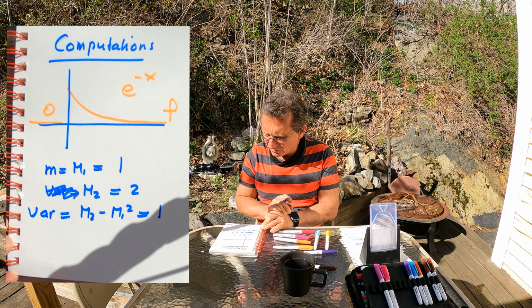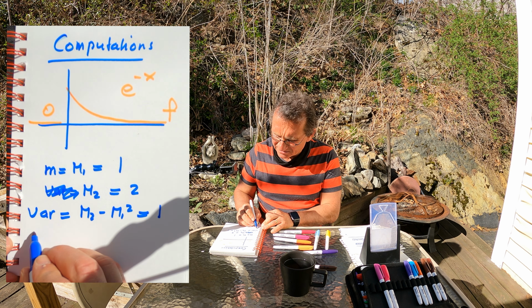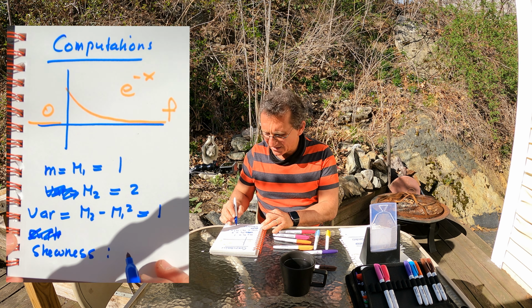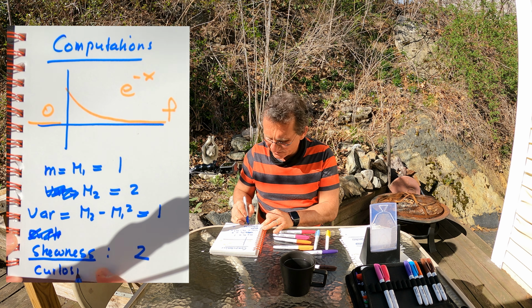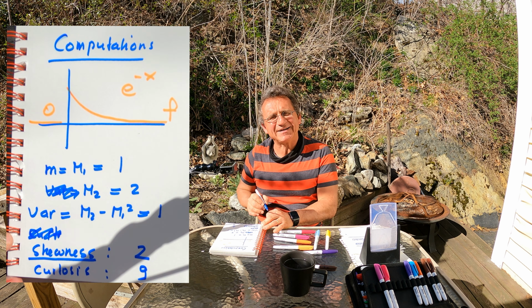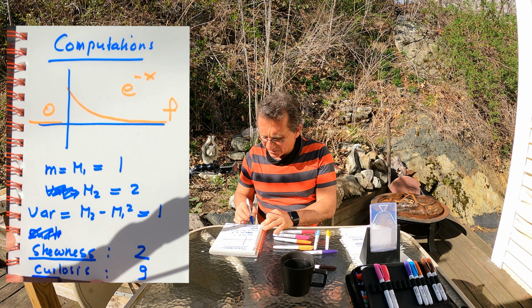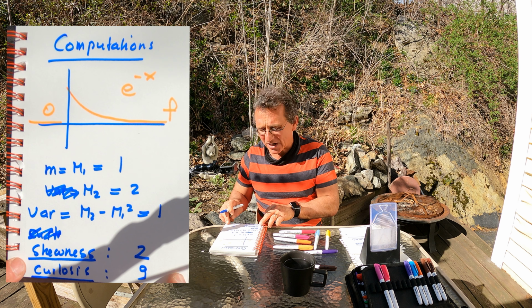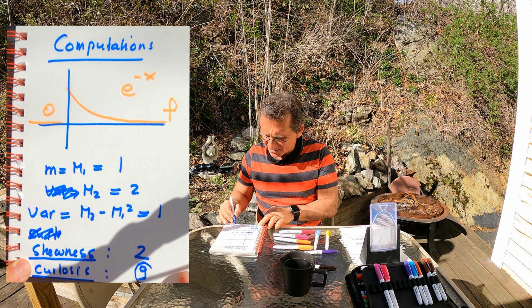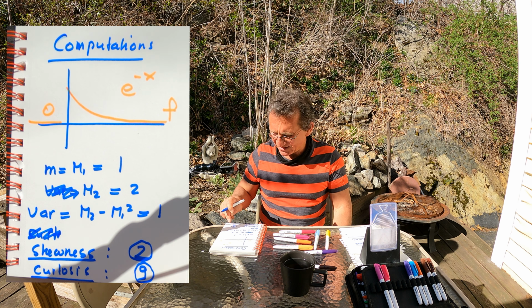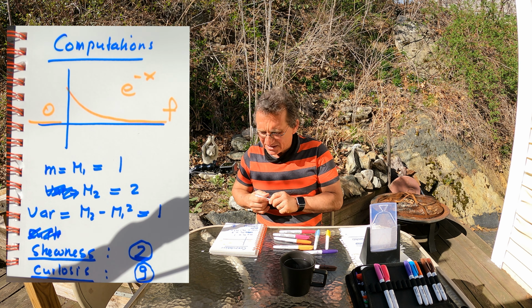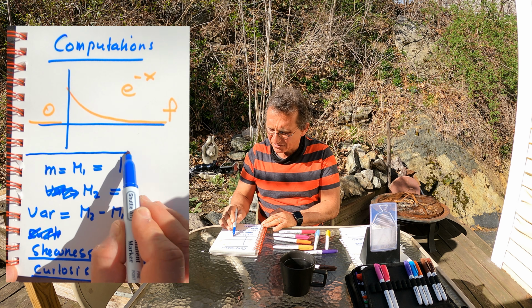We can also compute the other things. The skewness, if you compute it, you get 2, and we will compute that in class hopefully. And then the kurtosis turns out to be 9. So often one takes the excess kurtosis and subtracts 3. So you see for example in tables the excess kurtosis tabulated and not the kurtosis.